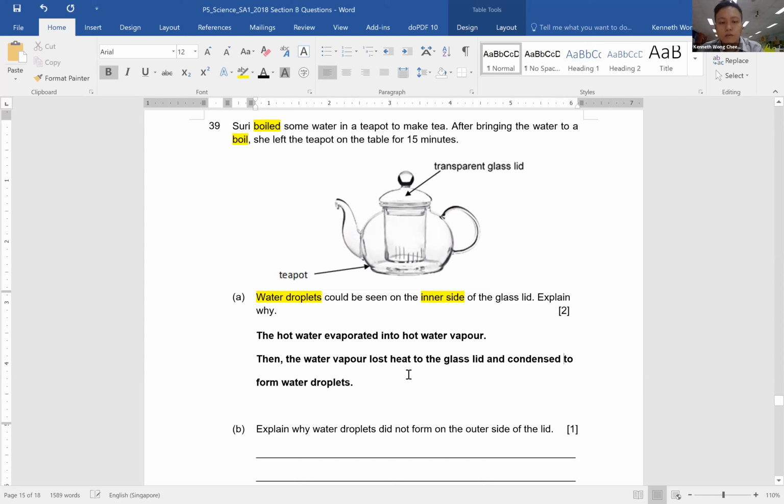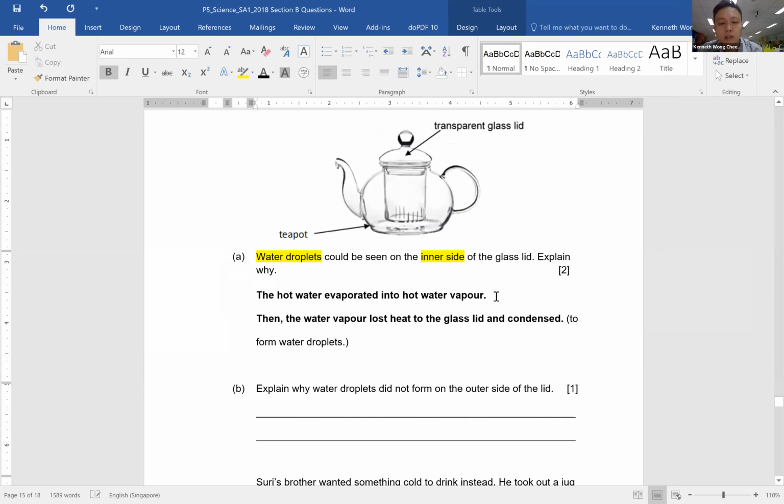Okay, this of course is extra, right? I tell you already many times, repeating the question gives you no extra marks. So this is 1 mark. This is 1 mark.